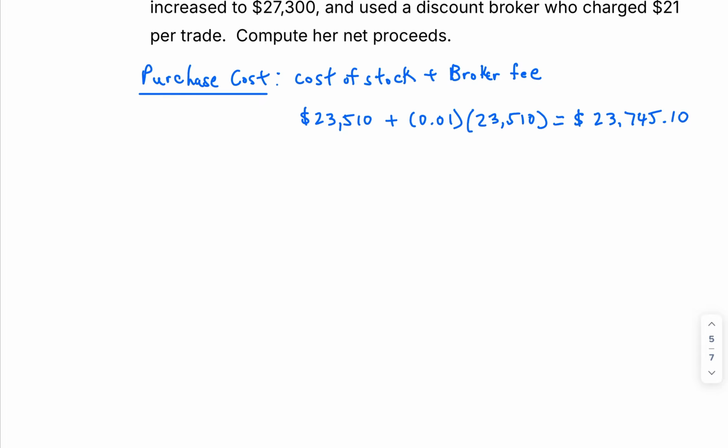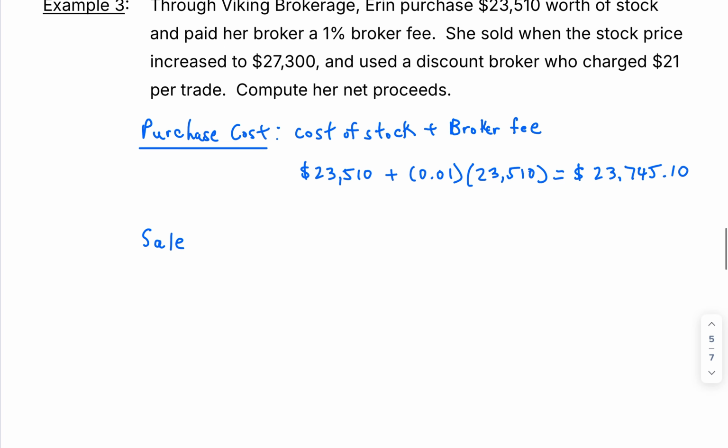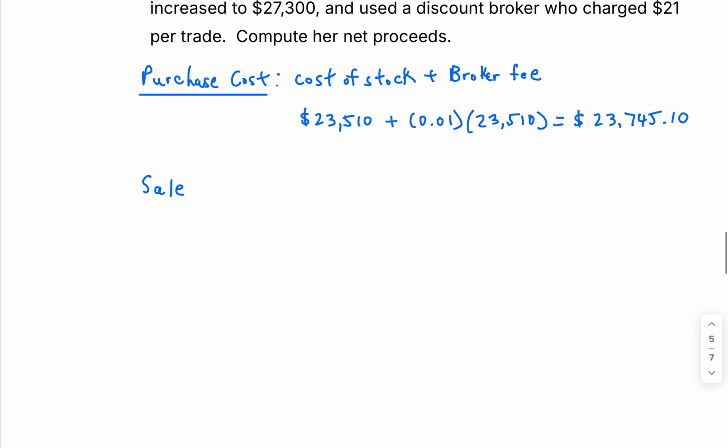Now, what we also need is to determine the sale proceeds. So when she sells her stocks, we need to calculate what the proceeds are. So the sale proceeds is going to equal the sale price of stock, and we're going to subtract the broker fee.